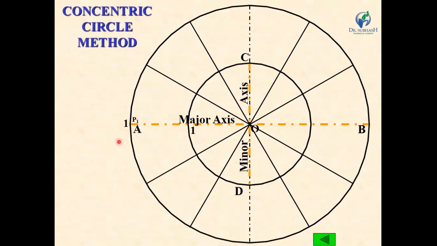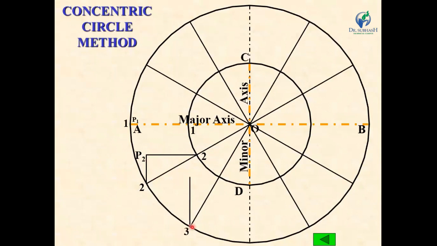Now here you can see this point is 2. So draw a vertical upward line from this point 2. Similarly, from the point 2 on the inner circle, draw a horizontal line, and the intersection point of this vertical and horizontal line is P2.